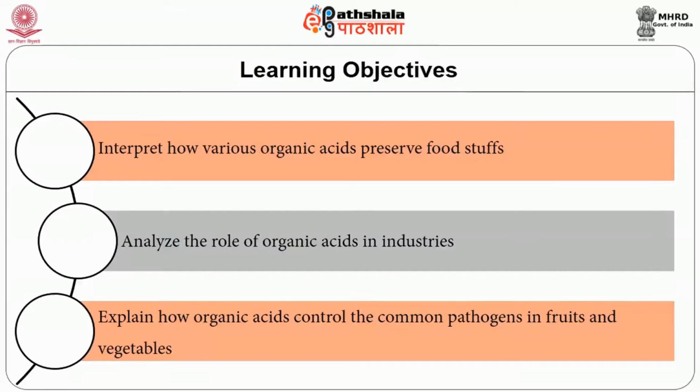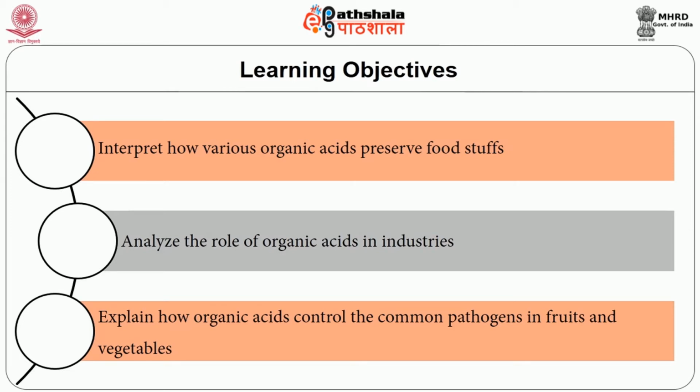Organic acids have been of considerable value as food preservatives since they are also food ingredients and often naturally produced by microorganisms. After going through this session, you will be able to interpret how various organic acids preserve foodstuffs and analyze the role of organic acid in industries.